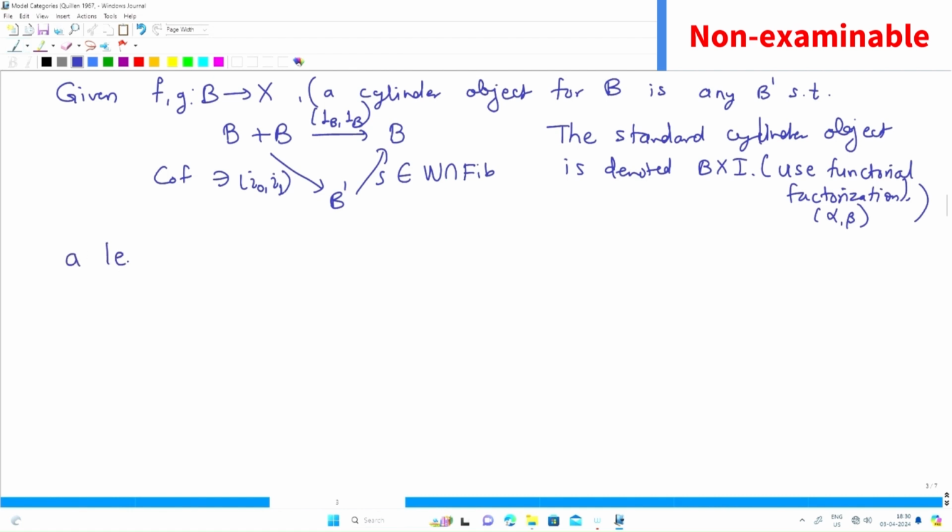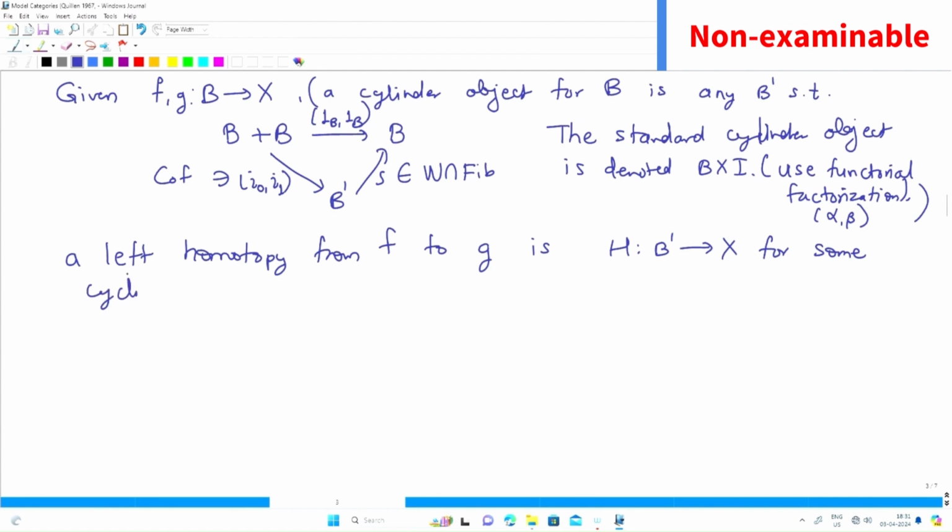A left homotopy from f to g is h from b dash to x, for some cylinder object b dash for b, such that h composed with I0 is equal to f and h composed with I1 is equal to g.